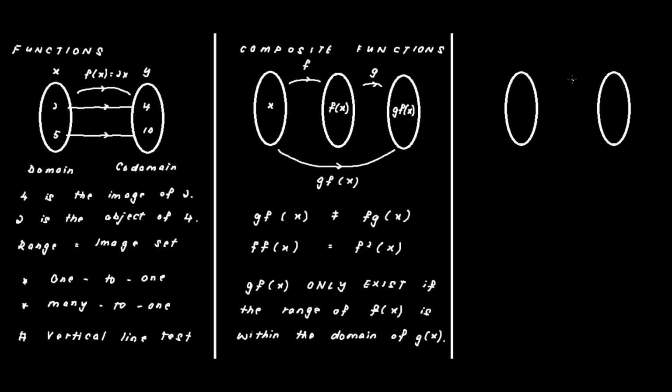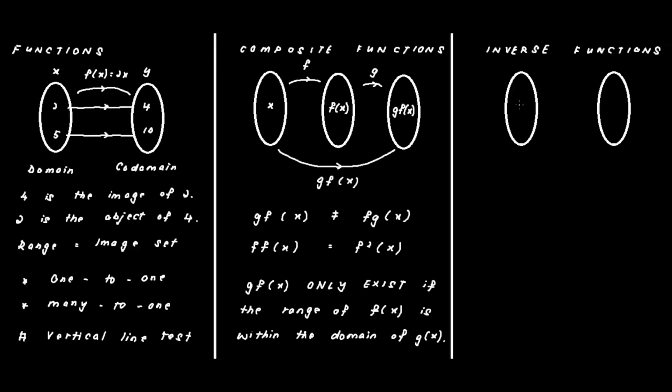Okay, so for the last one, we talk about inverse function. I think this is easy. An inverse function is a function that undoes the action that happened before.